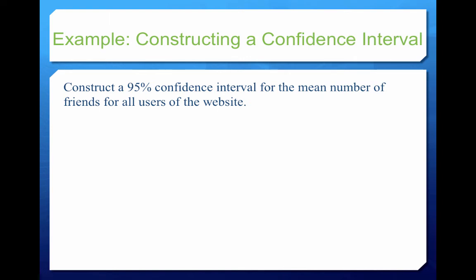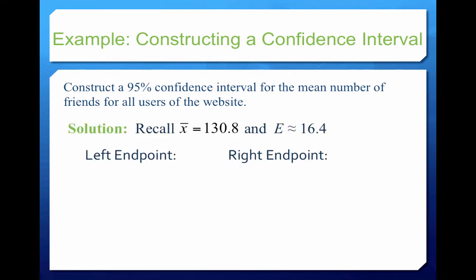Okay, so let's actually go through it. Let's construct a 95% confidence interval for the mean number of friends for all users of the website. Recall that our sample average is 130.8, and our error we found to be 16.4 friends.